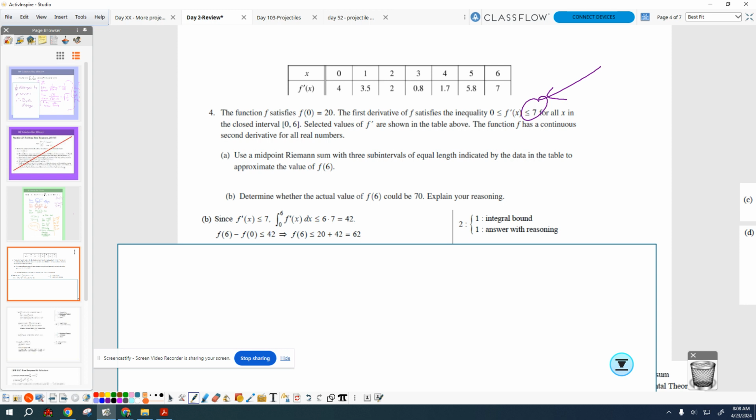Okay, so he's saying, if you were ignoring the table and you were at the maximum the whole time for the whole interval, pedal to the metal, the most gain you could have had was 42. Starting at your f of 0, 20, add the 42, that's less than 70, so can't do it. Okay?